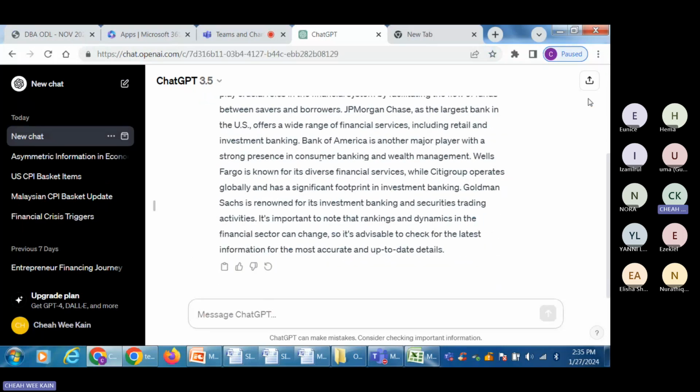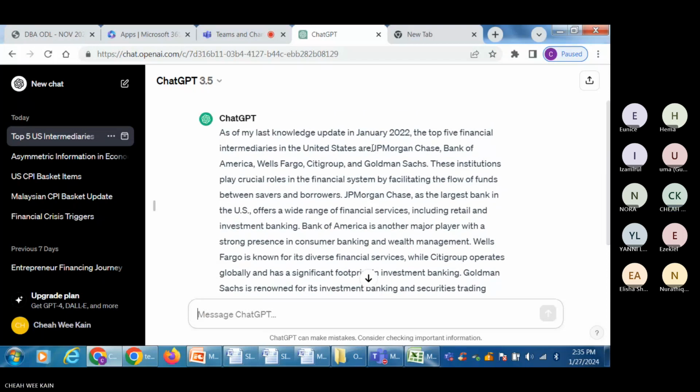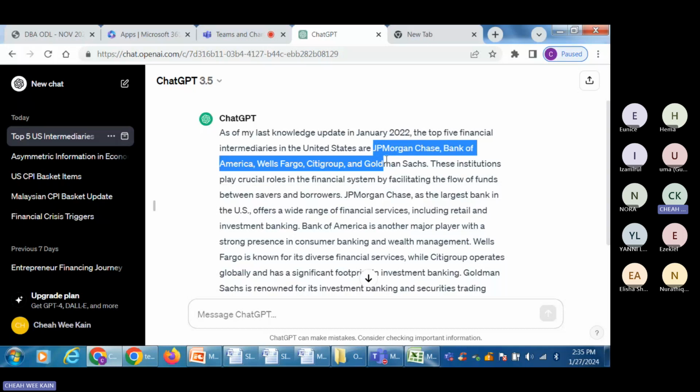JP Morgan, Bank of America, who else? These are the big boys: JP Morgan Chase, Bank of America, Wells Fargo, Citicorp, and Goldman Sachs. Okay, these are the top 5. I don't know Malaysia. Malaysia most likely will be Maybank, CIMB Bank, that kind of stuff.